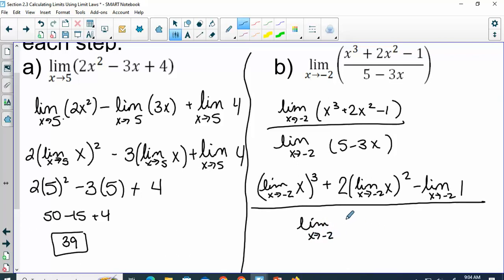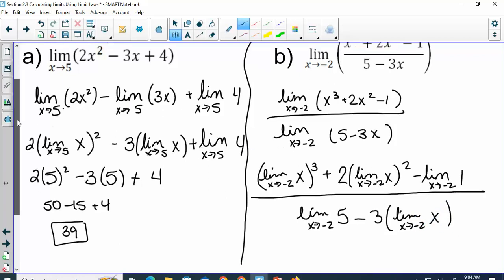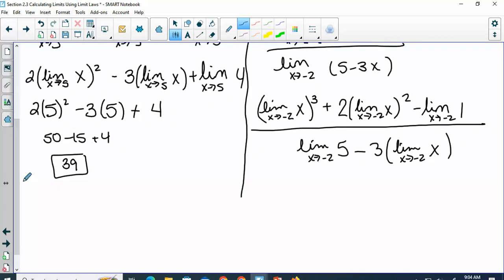Minus, on the bottom we have the limit as x approaches -2 of 5, minus 3 times the limit as x approaches -2 of x. So I did the limit of each term, pulling coefficients out, and moving the exponents out. Now, when it says in the directions that I had to justify my answers, you have to show this work. So we just wrote the limit a ton of times right there.